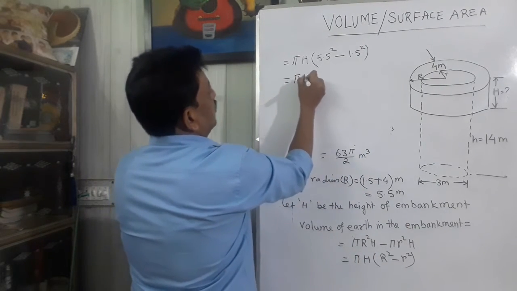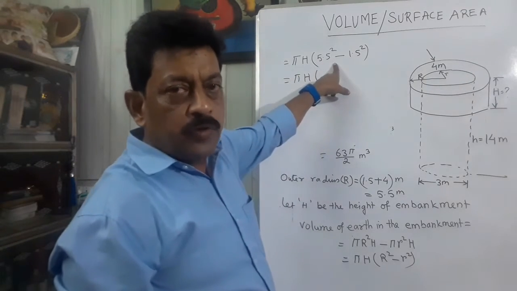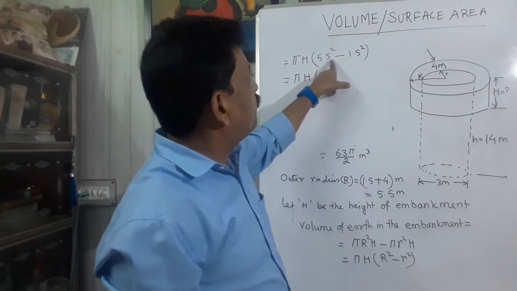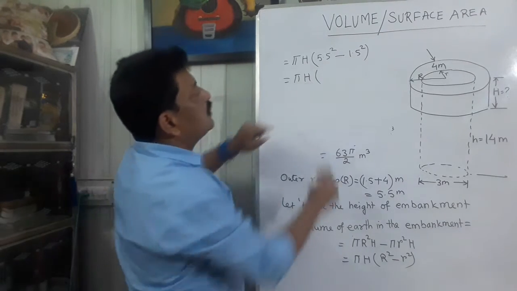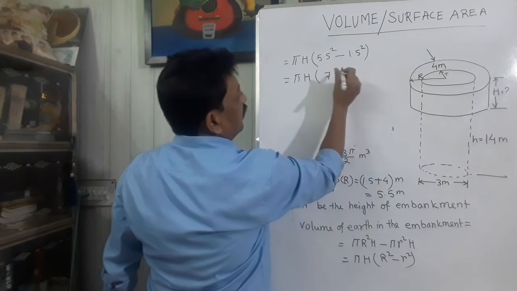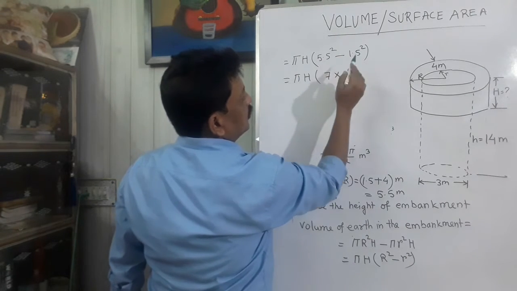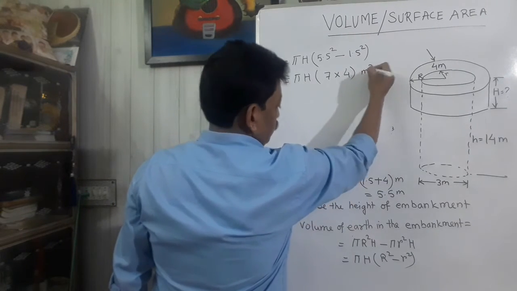Using the identity a square minus b square equals a plus b multiplied with a minus b, a plus b means 5.5 plus 1.5, that is 7, and a minus b, that is 5.5 minus 1.5, that is 4 meter cube.